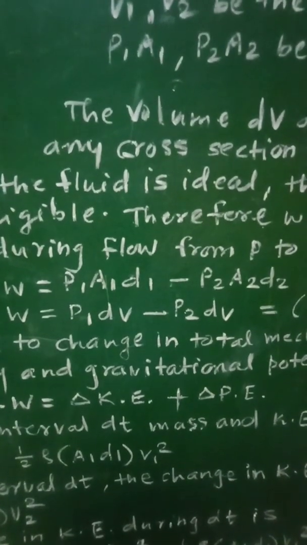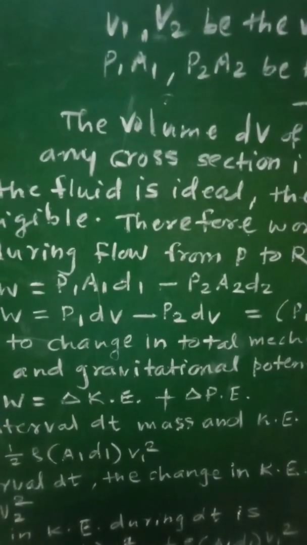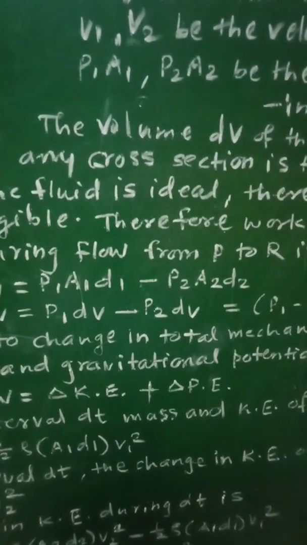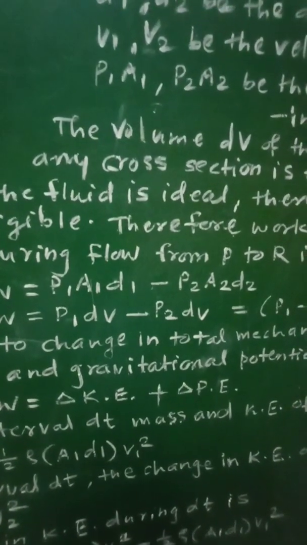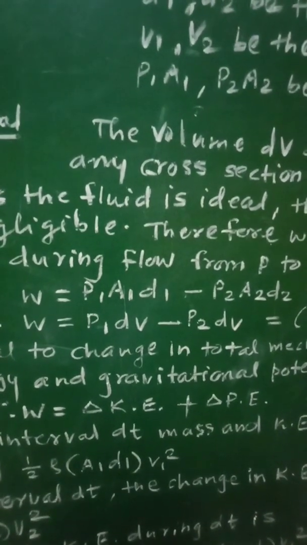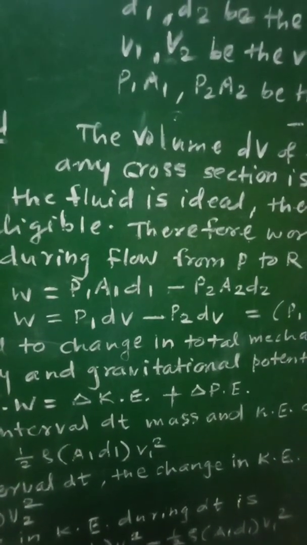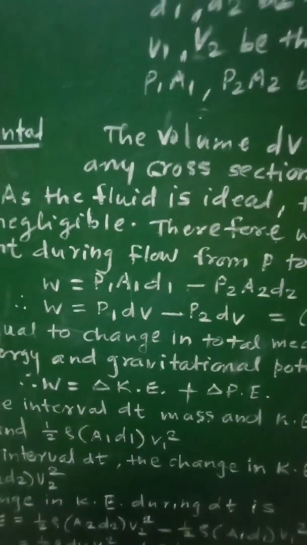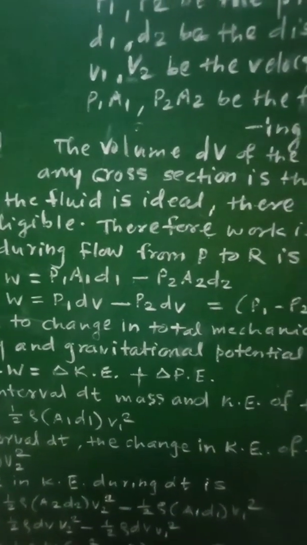Here work done is nothing but the force into displacement. So P1 A1 will represent force and D1 is the displacement. Similarly, P2 A2 will represent the force and D2 is the displacement, and therefore the first term P1 A1 D1 is positive work done and the second term is negative because the force P2 A2 is oppositely directed to that of flow of liquid, and therefore W is equal to P1 dV minus P2 dV.